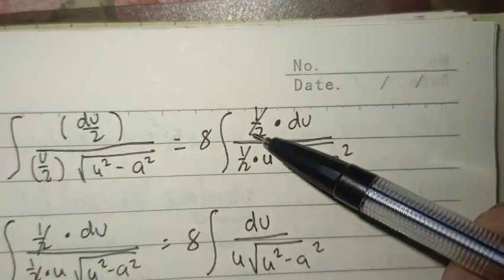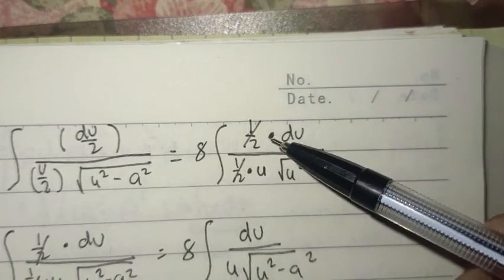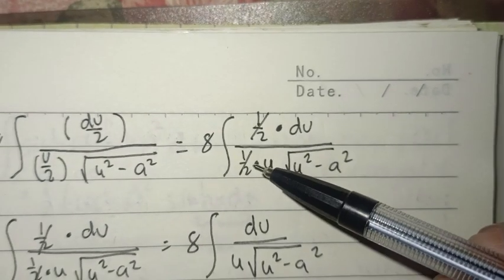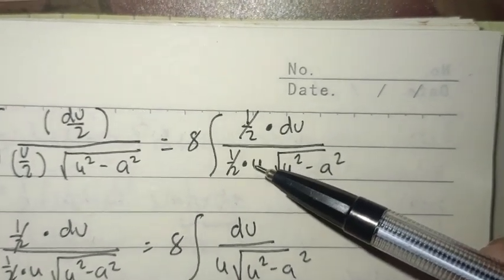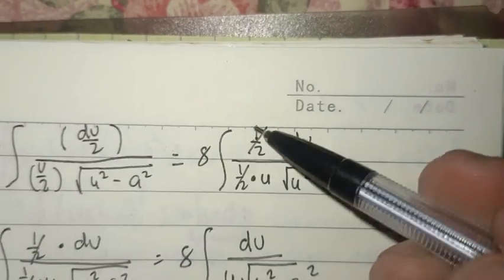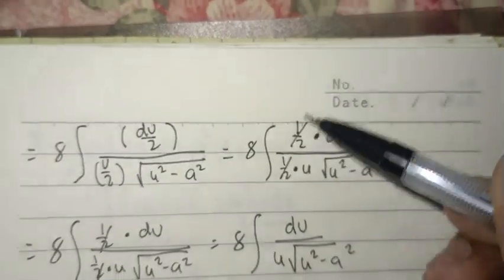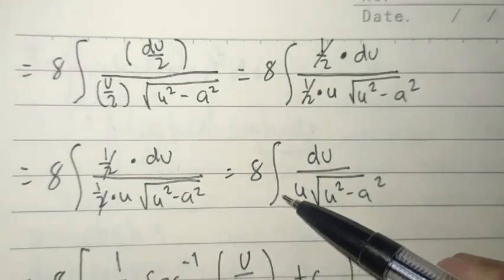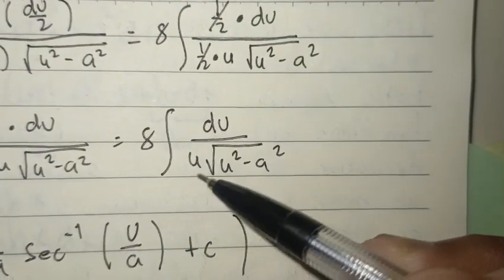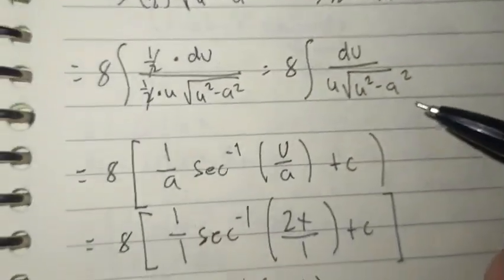Here we're going to factor out du over 2 and we're going to get 1/2 multiplied by du, and we're going to factor out u over 2 and we're going to get 1/2 multiplied by u square root of u squared minus a squared. So both 1/2 on the numerator and denominator cancel out and we will be left with 8 integration of du over u square root of u squared minus a squared.